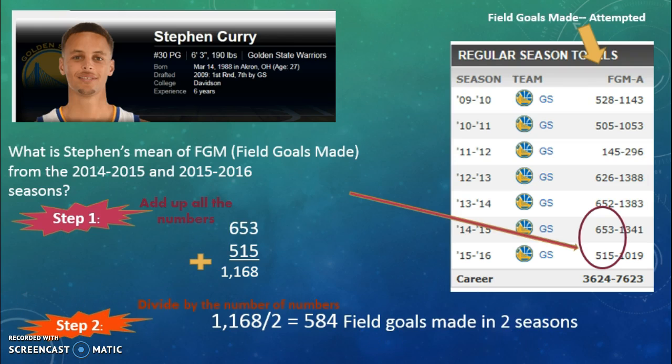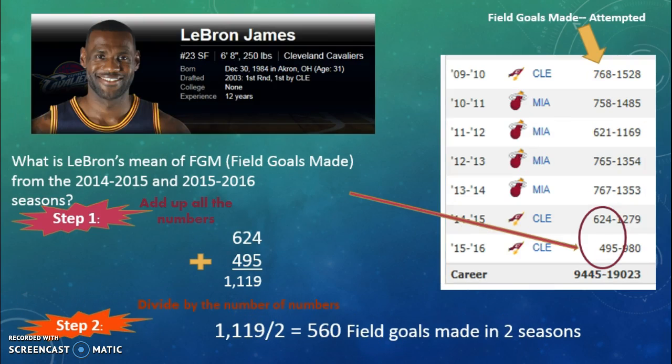Okay? So I'm going to compare him to LeBron James. What is his field goals made average or mean? Well, I took his 2014-2015 season only to be fair. Okay? He had 624. And just this previous basketball season, the 2015 to 2016 season, he made 495.